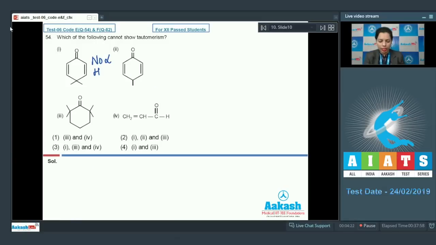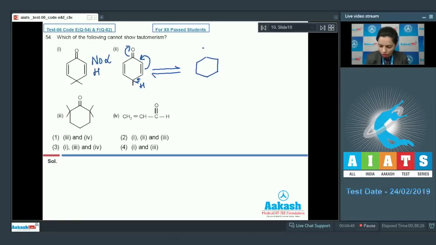If I talk about the second compound, you can clearly see this compound can exist as this one. I'm just drawing here. Just have a look at that. Here is the hydrogen atom, and the electrons of this bond can go this side, and these electrons this way, and further.